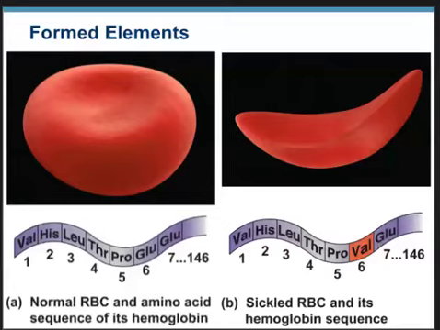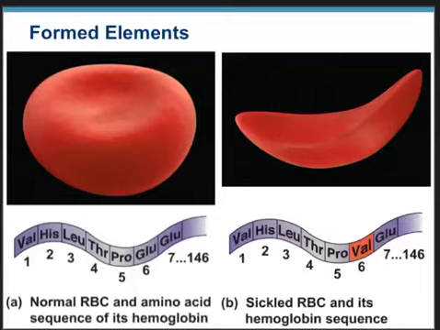Individuals that have one copy of this defective gene are said to have what we call sickle cell trait, where they carry the defective gene, and they can sometimes have problems with oxygen supply under extremely low oxygen concentrations, but generally it's not a problem delivering oxygen to the tissues in people that only have one bad copy of the gene, because there are enough normal erythrocytes to deliver the oxygen effectively to the tissues, even at somewhat low oxygen concentrations.